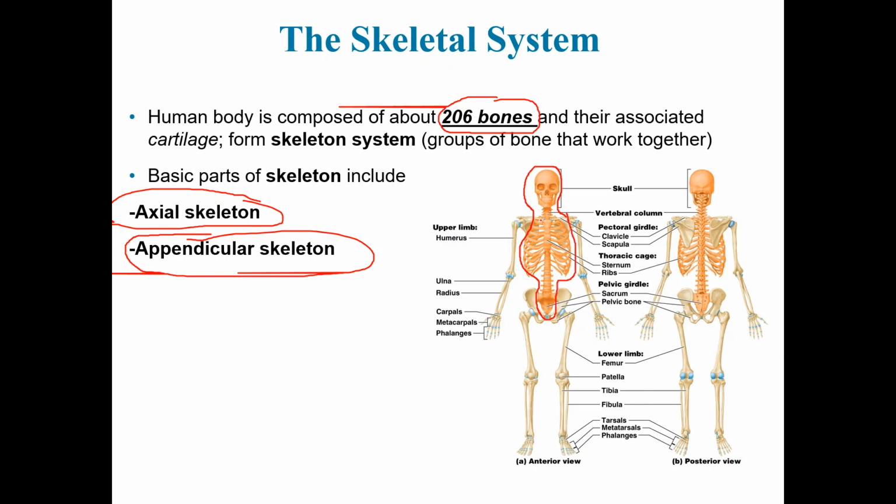While the appendicular skeleton essentially is formed by the limbs, the upper limb and the lower limb, so the arms and the legs, but also by the portions of the skeletal system that connect those limbs to the axial skeleton that I'm highlighting right now.